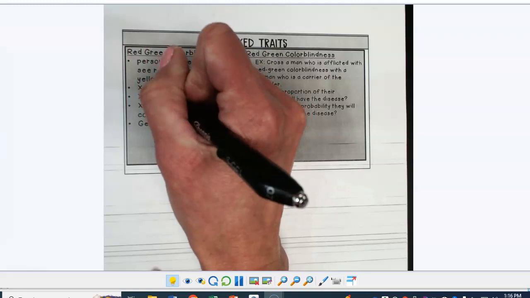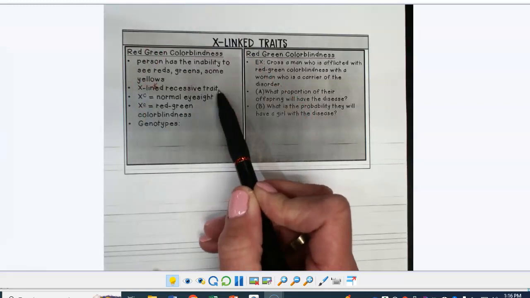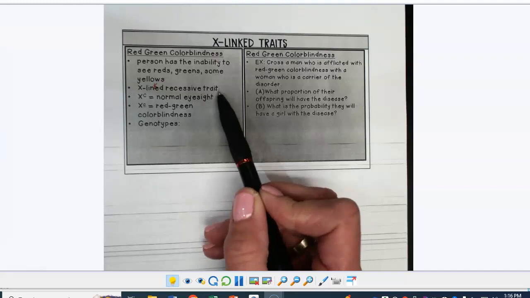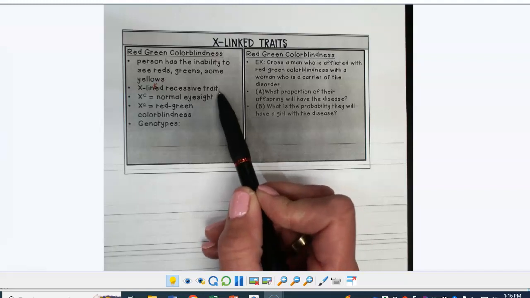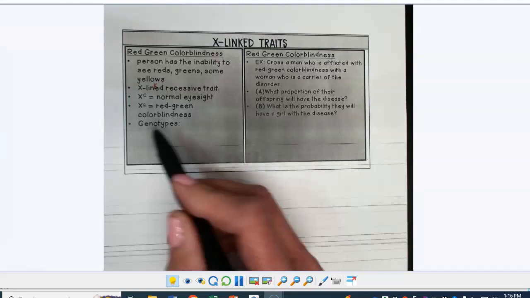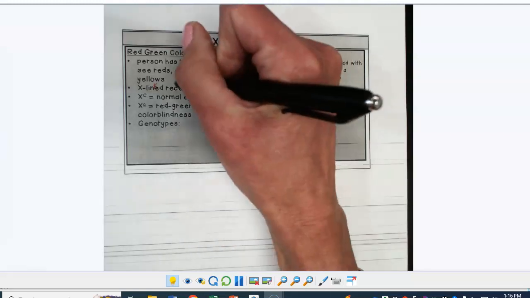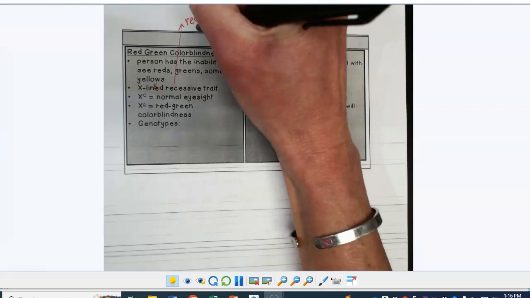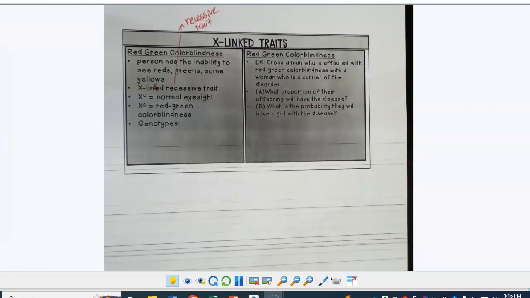It is an X-linked trait, so the trait is going to be found on the X chromosome again. It is a recessive trait, or a recessive disorder, if you want to think of it like that.